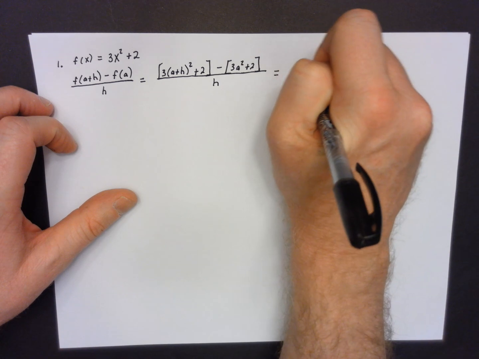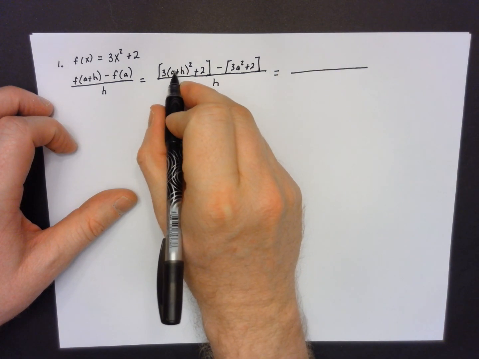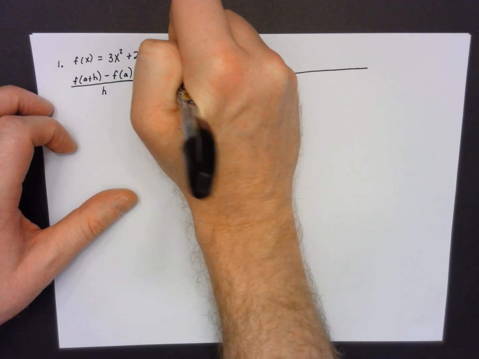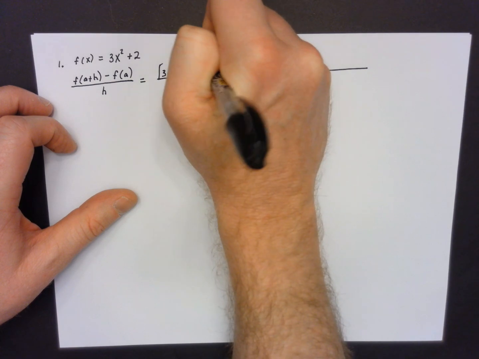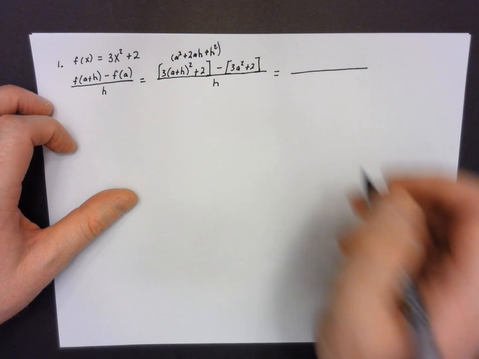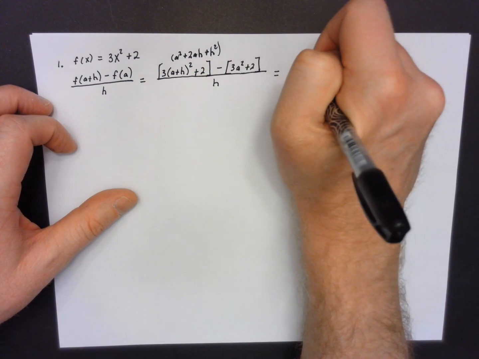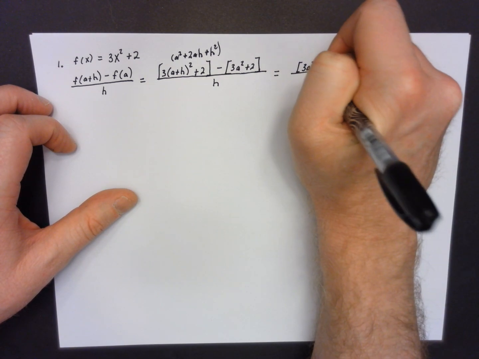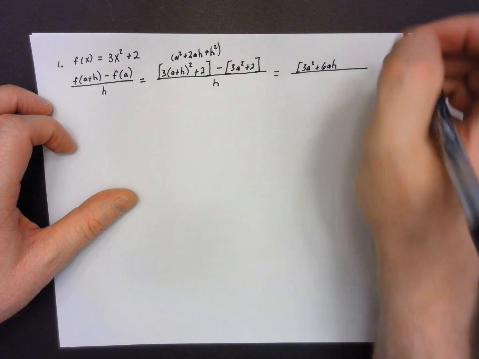So I'll just do the algebraic maneuver of squaring this out. We know a plus h squared means a plus h times a plus h. That would be a squared plus 2ah plus h squared. Well, I need to distribute a 3 through that group. When I do that, I'll have 3 times a squared plus 6ah plus 3 times h squared.